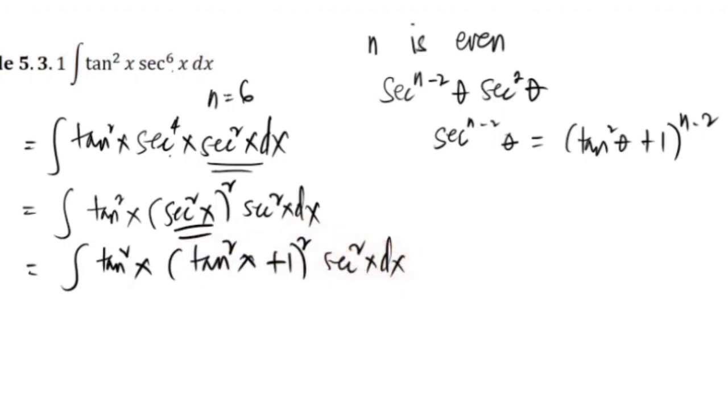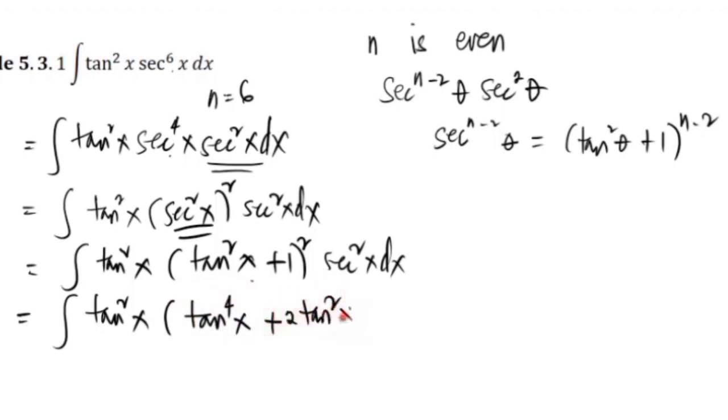So, kung makikita natin dito, we have this tangent squared x plus 1. So, ang gagawin natin dyan ay i-expand natin itong term na to by binomial expansion. We would have tangent squared x. This is tangent to the 4th of x plus 2 tangent squared x plus 1 secant squared x dx.